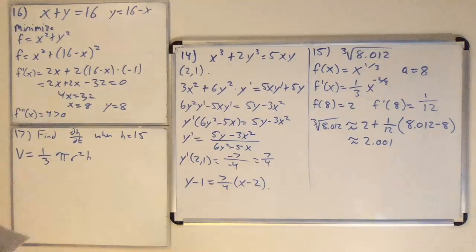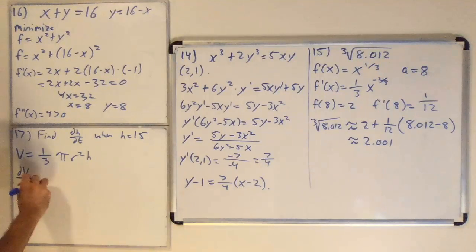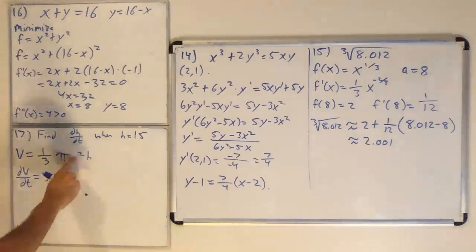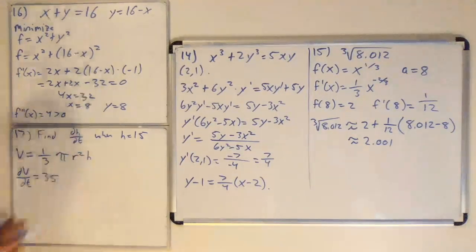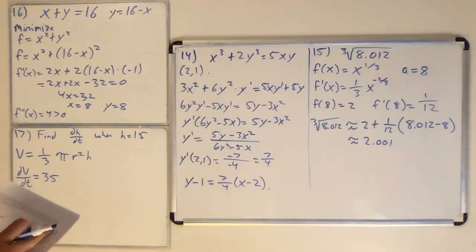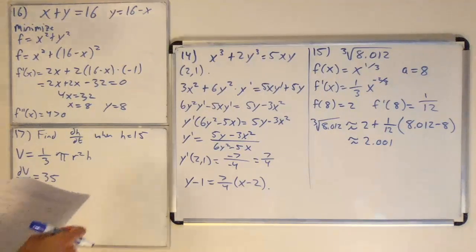And we were given that dV/dt is 35. And the last thing that we're given is that the sides of the pile always make an angle of pi over 3 with the ground.